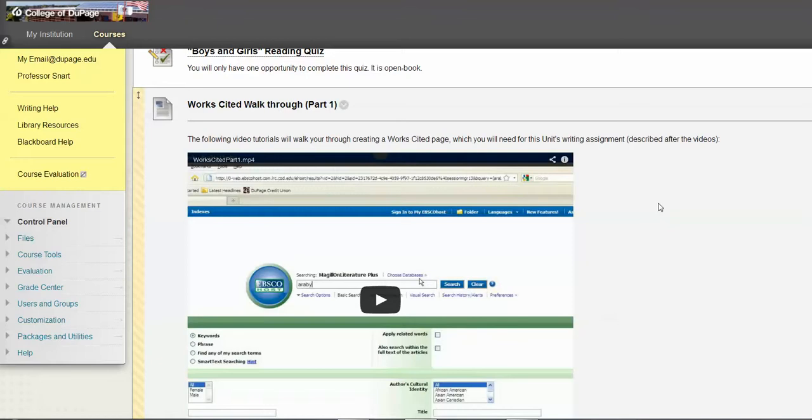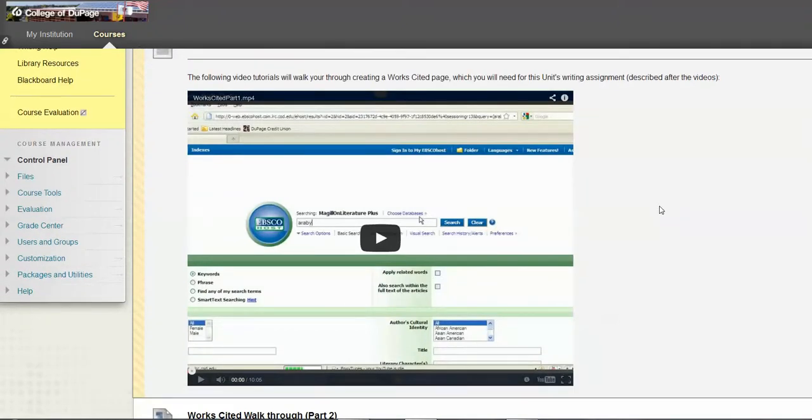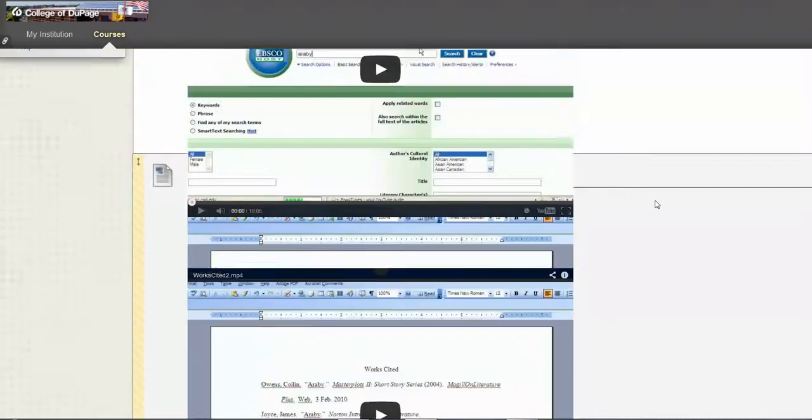I recorded these a while ago, so the screens don't necessarily look exactly like what you'll see on the updated library page, or the databases themselves often change, so things might not look identical, but the end product of what I create here and the basic navigation remains the same. So I think you'll get the idea, even if visually it doesn't look exactly like what we might encounter. And there's obviously two parts to it, so be sure you watch both.